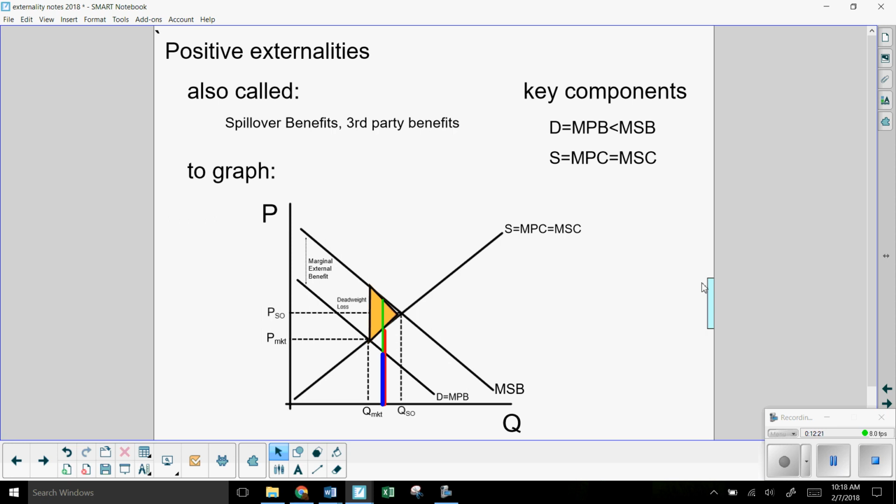So you can work through and think about where is the consumer surplus and where's the producer surplus. And if you think about what happens at market equilibrium, I think that'll help you do that. This triangle here might be our consumer surplus, and this triangle down here might be our producer surplus.